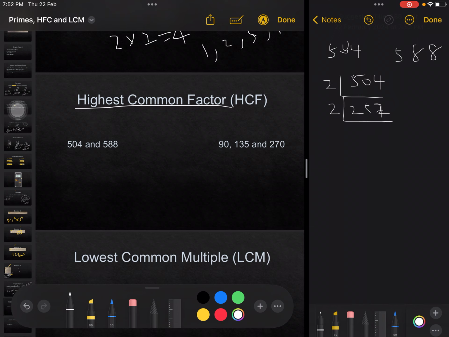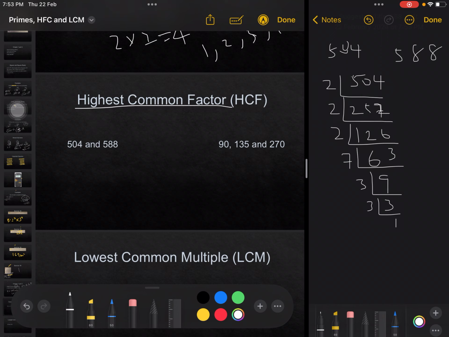Then we divide by 2 again, so we have 126. Then we divide by 2 again, it will be 63. 7 times 9 is 63, so we have 7, we have 9, then we have 3, 3, 3, and 1. When it comes down to 1, then you will end there.